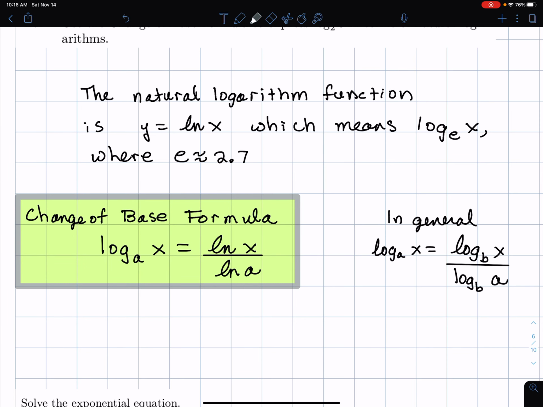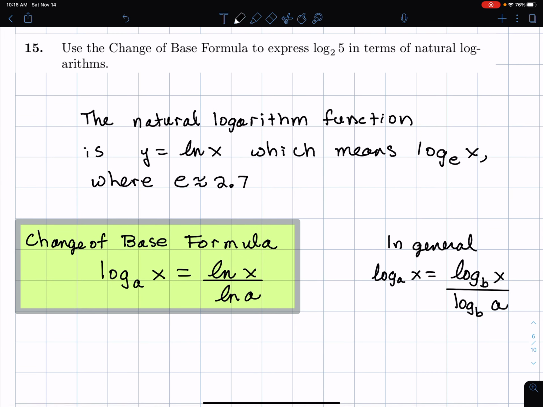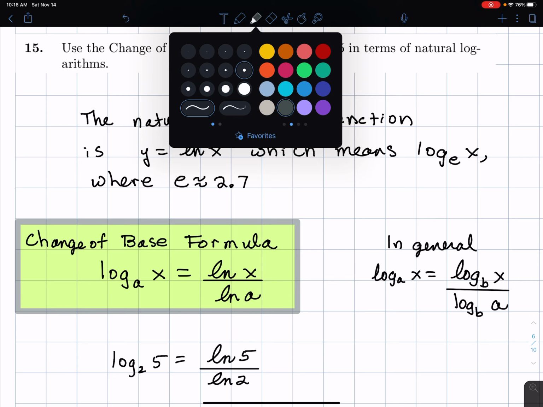Okay, so for this problem, it's way shorter when you're actually doing the problem. If I have log base 2 of 5, that can be written as ln 5 over ln 2. So let's make sure we get all that stuff there.